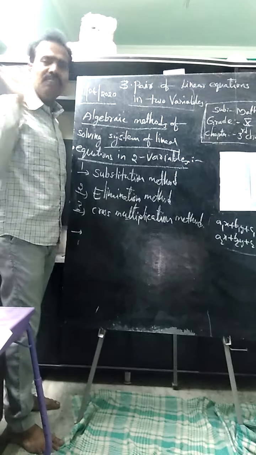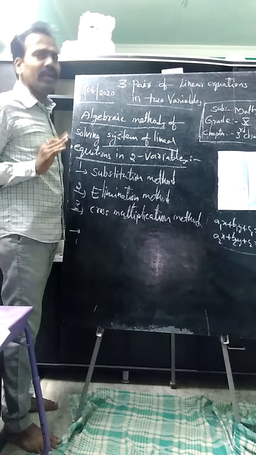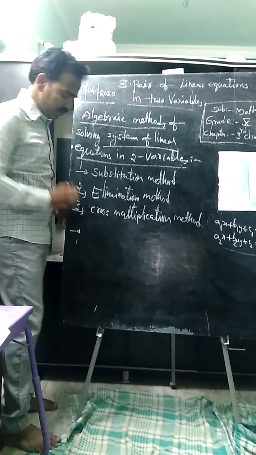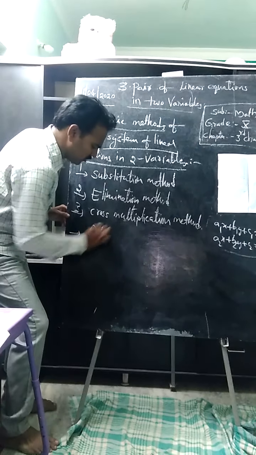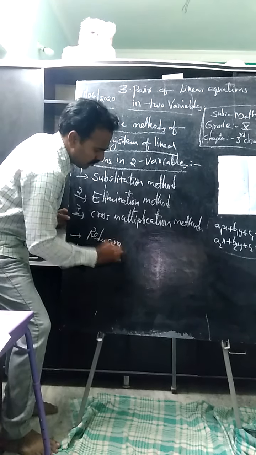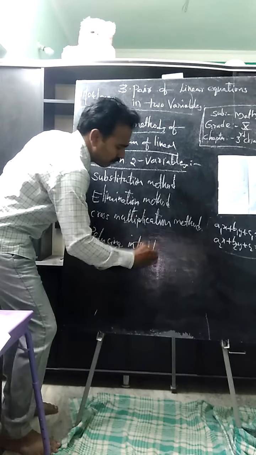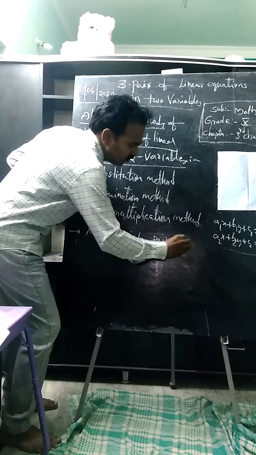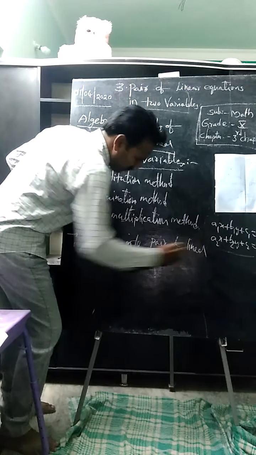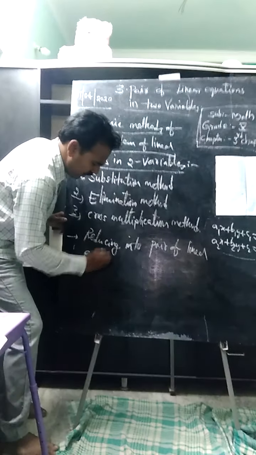Linear means degree 1. Sometimes we may get equations with negative exponents, which we will reduce into a pair of linear equations in two variables.